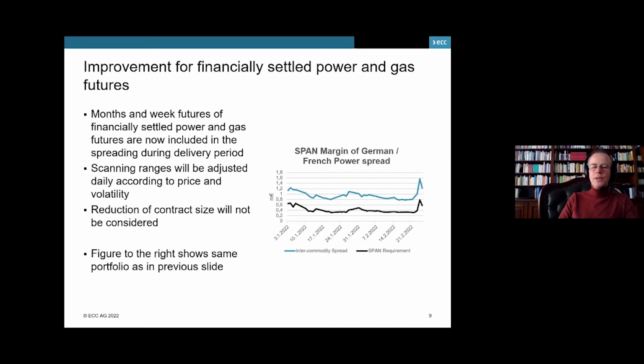The issue here is that this works for financially settled power and gas futures because they are tradable. We have prices in here and we can do that. We can't use the same methodology for physically delivered futures, but we had to do something there also, and that's shown on the next slide.